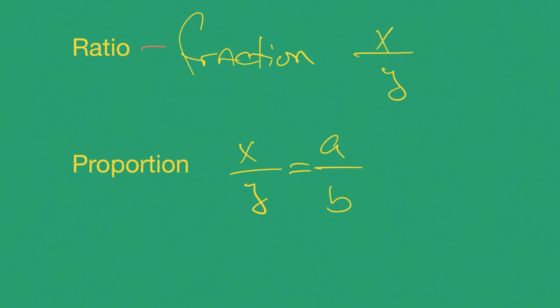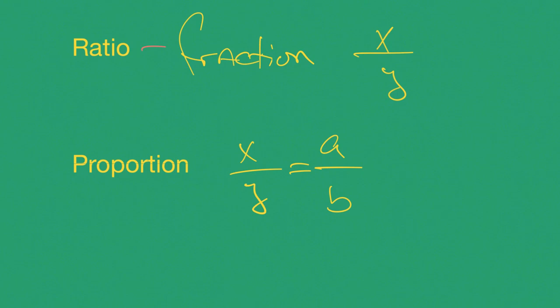Does anybody remember how to solve a proportion? Or how we test to see if a proportion is really proportional? Does anybody remember that? Cross multiplication. Cross multiply. Okay? And that's going to be kind of the premise of the lesson today.